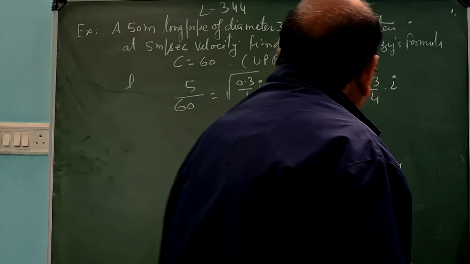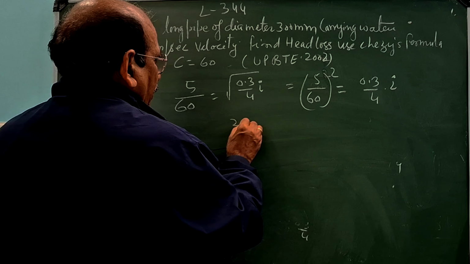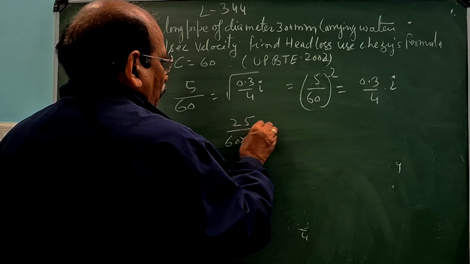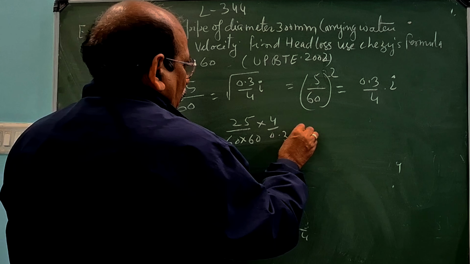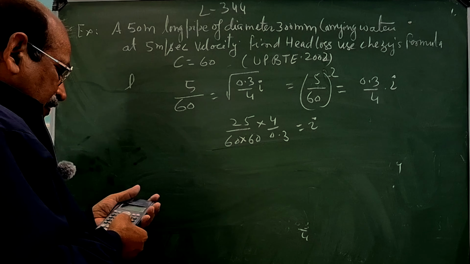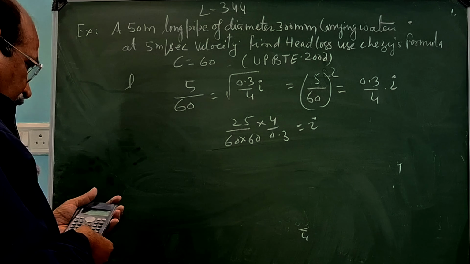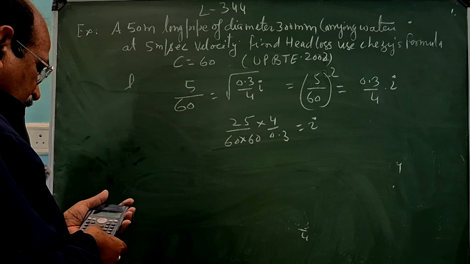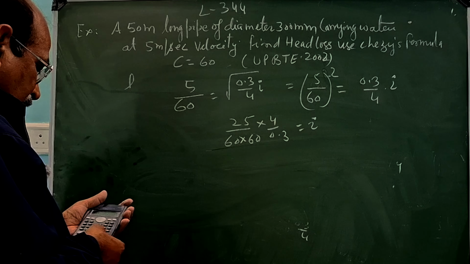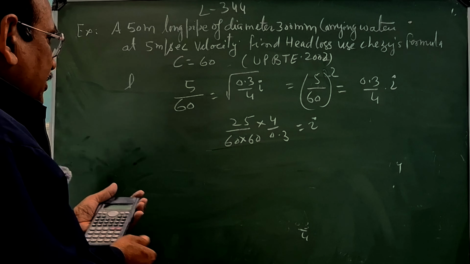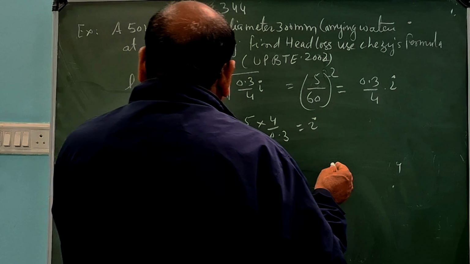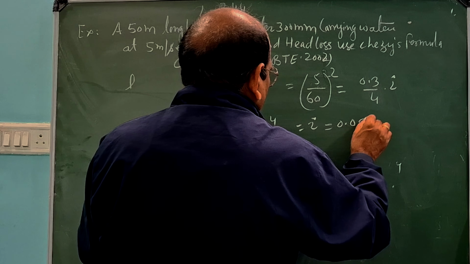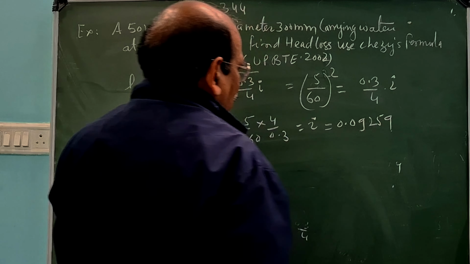What will be the i? i will be 25 upon 60 into 60, into 4 upon 0.3. Let us see. This is 25 into 4 divided by 60 divided by 60 divided by 0.3. This is coming 0.0259. This is your i.